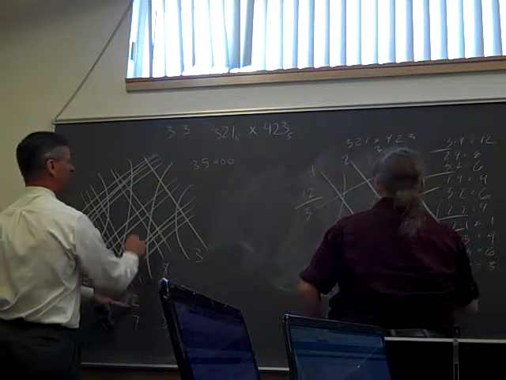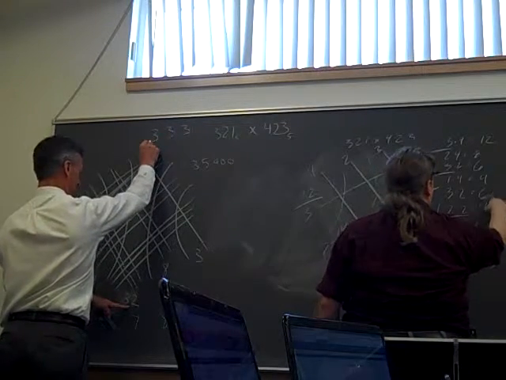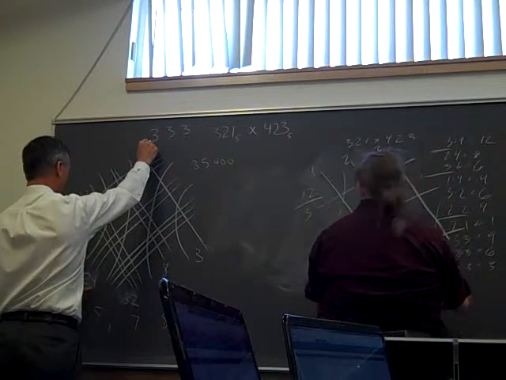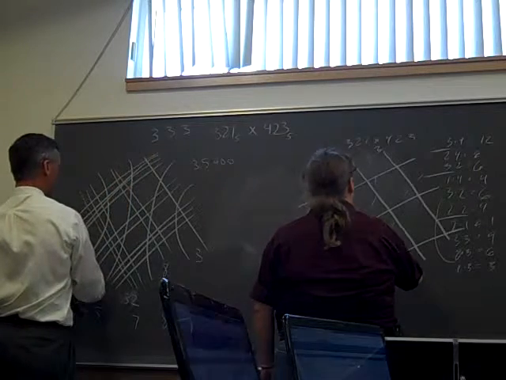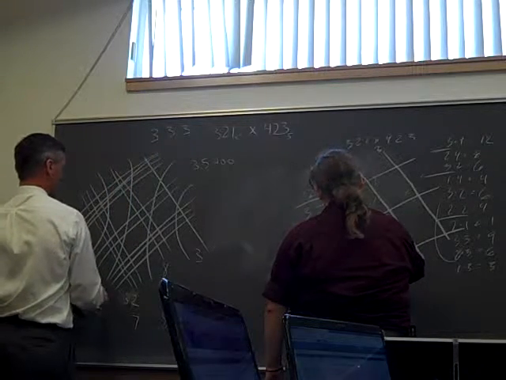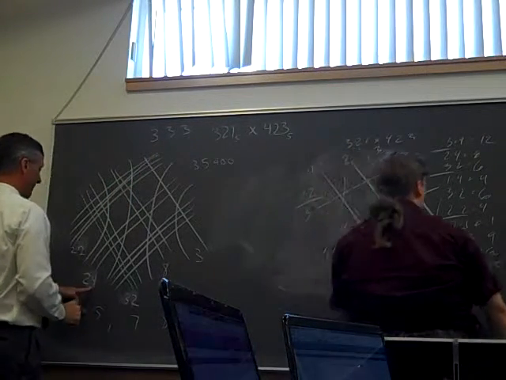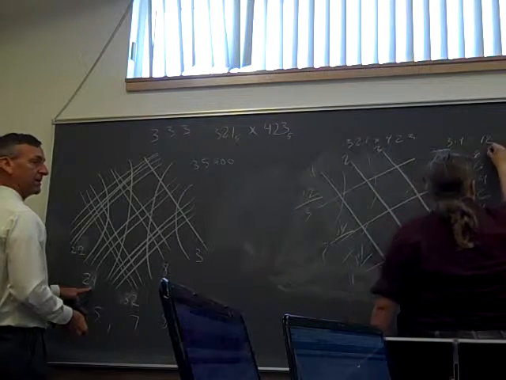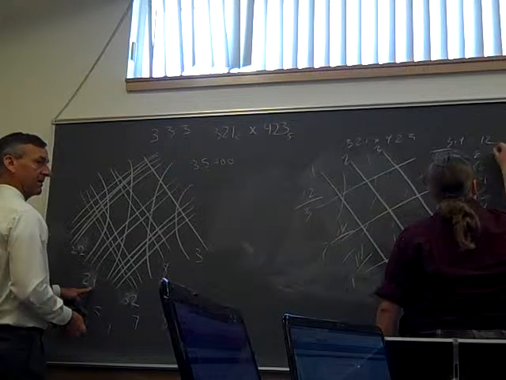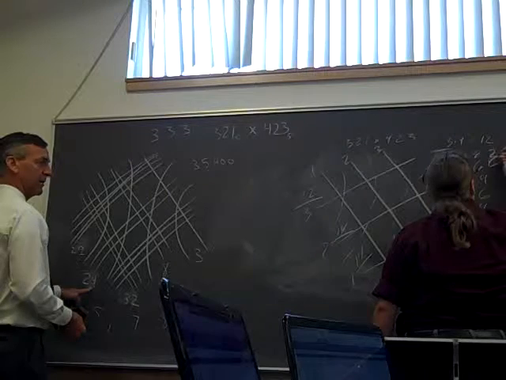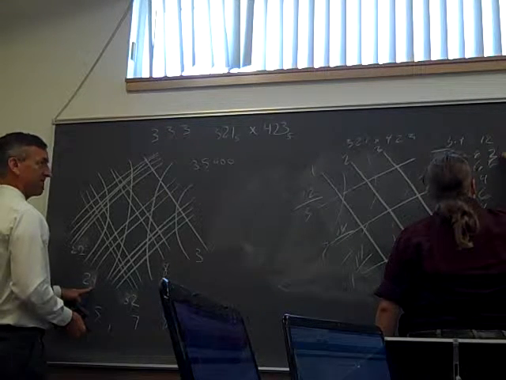And now I would write, we'll do it up here, 3, 3, this 1 comes over here to 32, makes 33, which is 3. I bring the 3 over here, makes 27, that's 9 groups of 3.